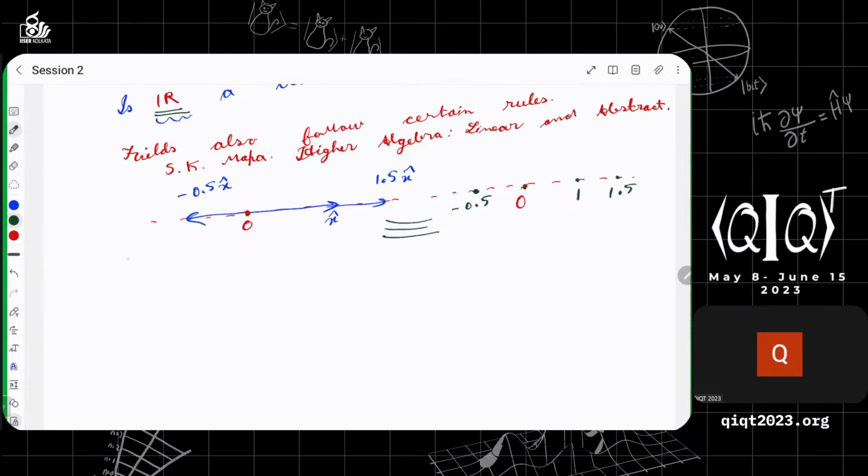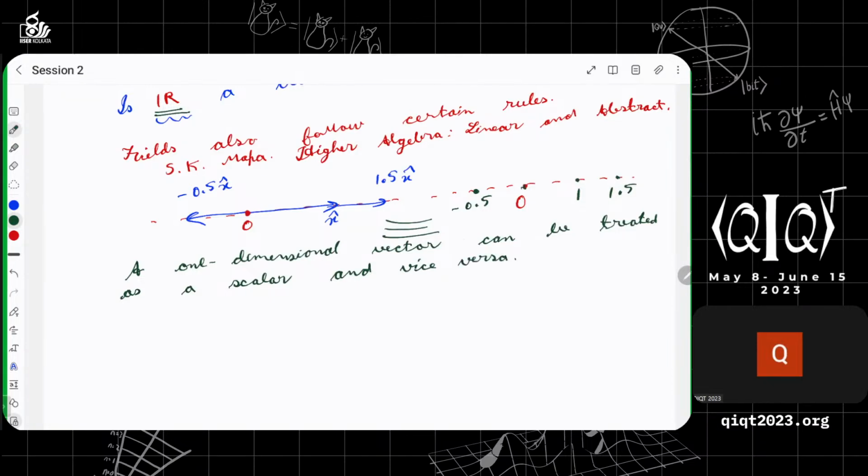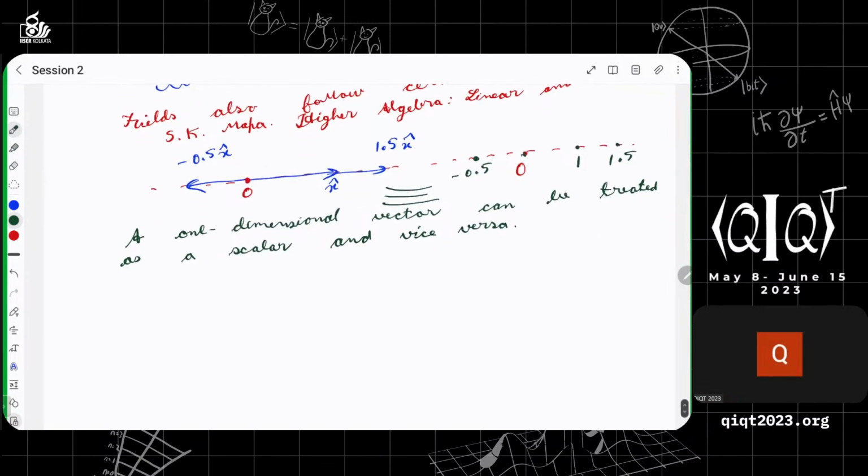So what I'm trying to get at is that a one-dimensional vector can be treated as a scalar, and vice versa. Basically, a one-dimensional scalar can always be treated as a one-dimensional vector.